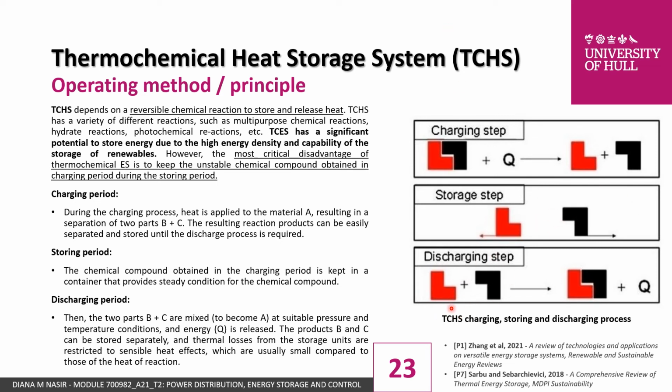Then during the discharging process, B and C will be mixed and become material A again, and the heat Q will be released. Of course, a little thermal loss should be expected during this process because of the unstable chemical reaction between B and C.